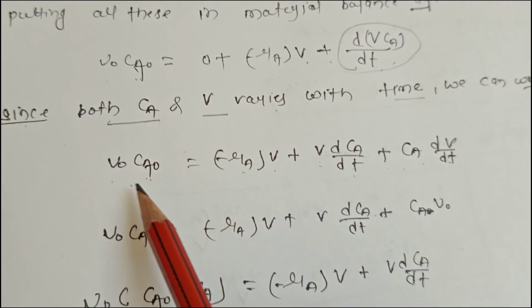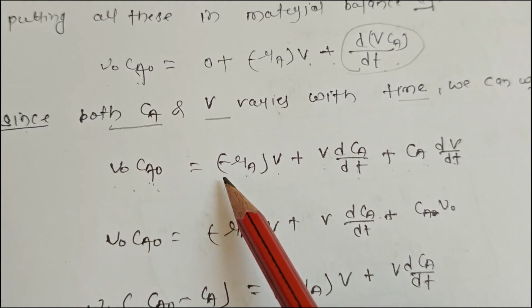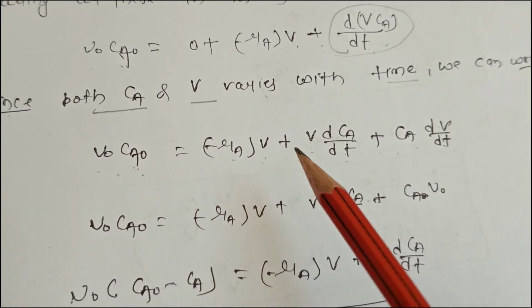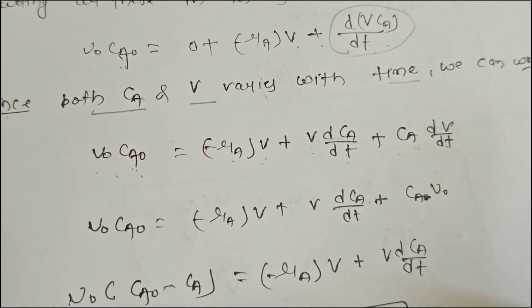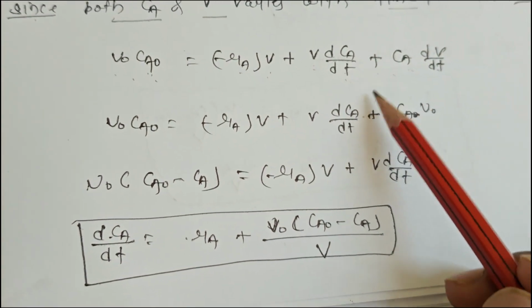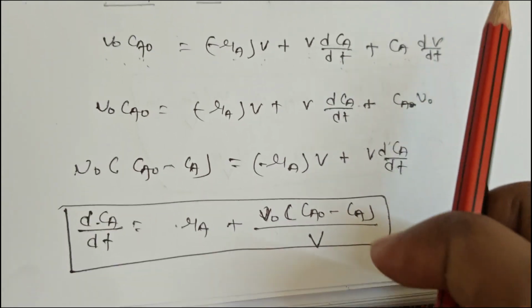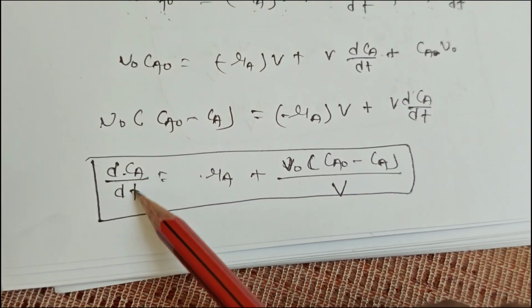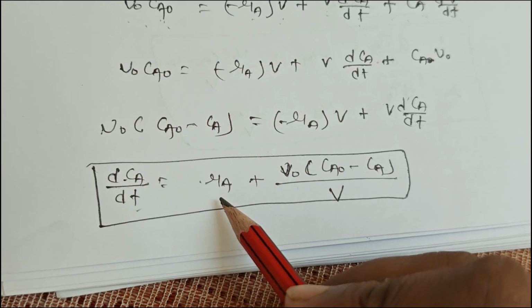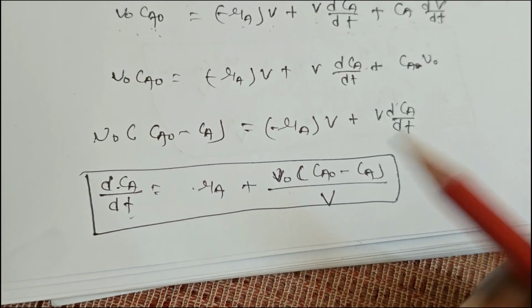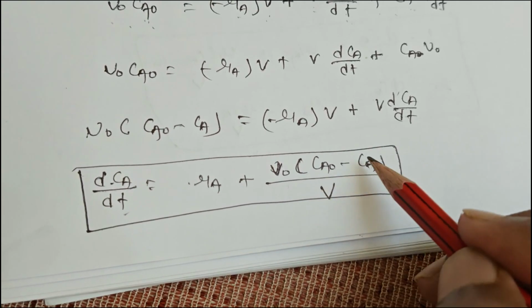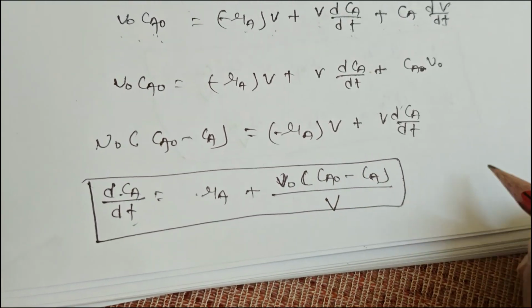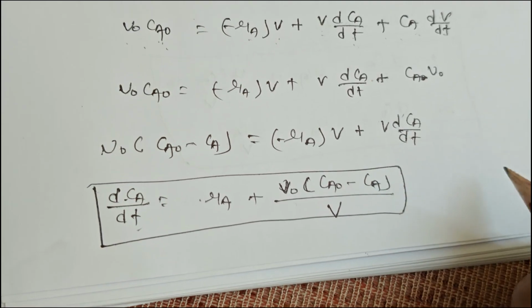So the term will be mu naught Ca naught is equal to minus Ra into V dCa upon dt plus Ca dV by dt. After solving 2 to 3 steps, we get dCa upon dt is equal to Ra plus mu naught Ca naught minus Ca upon V. This is the design equation for component A.